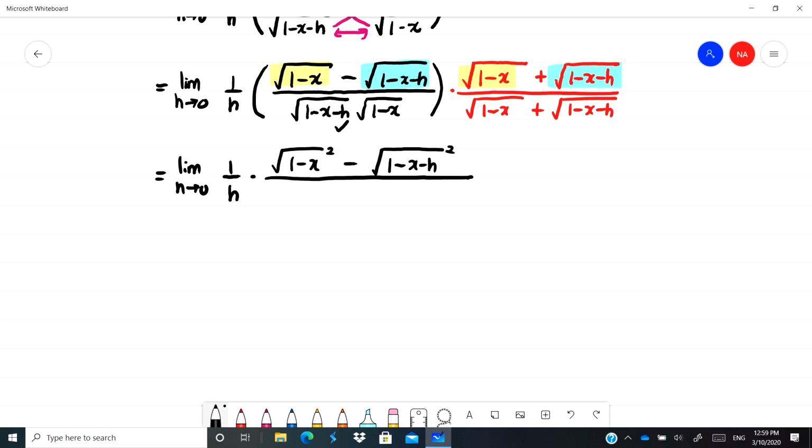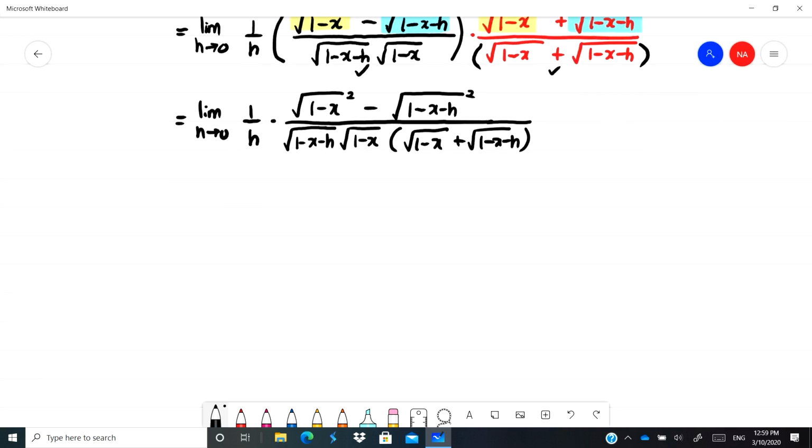I'm writing this part first, so we'll have square root of 1 minus x minus h, square root of 1 minus x, and then I'm writing this one, please put in the bracket, square root of 1 minus x plus square root of 1 minus x minus h. Because this one has two terms there, you have to put in the bracket.